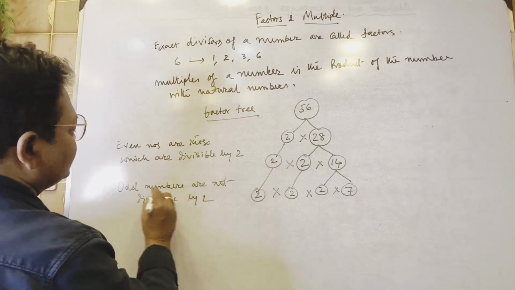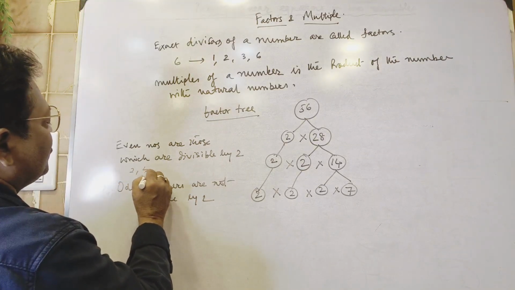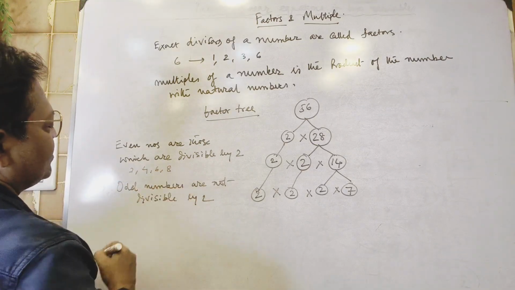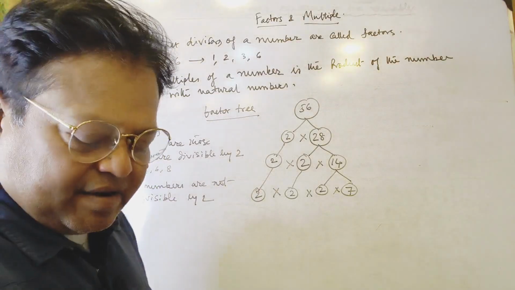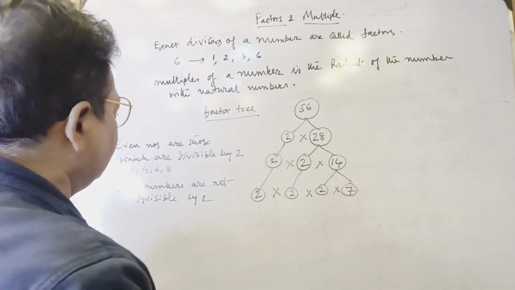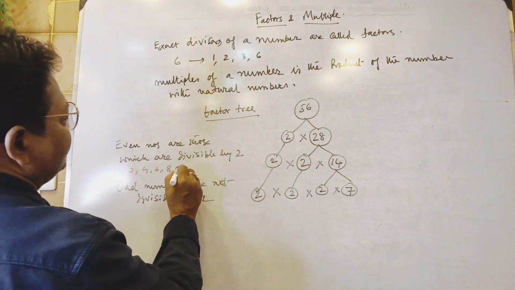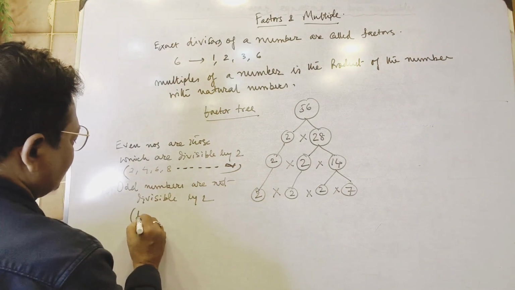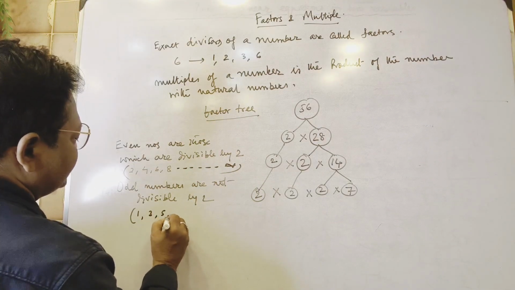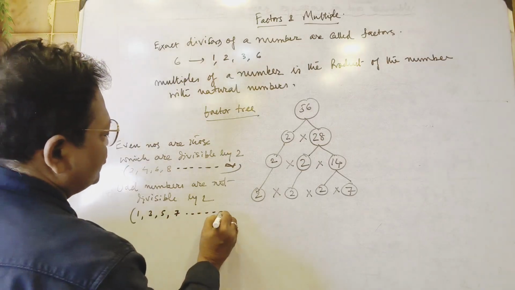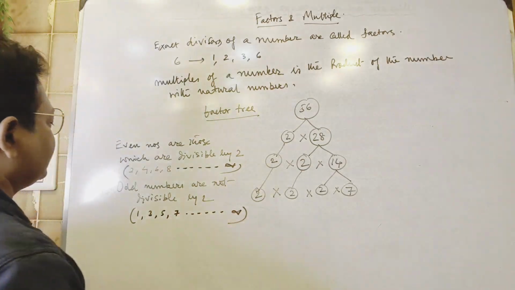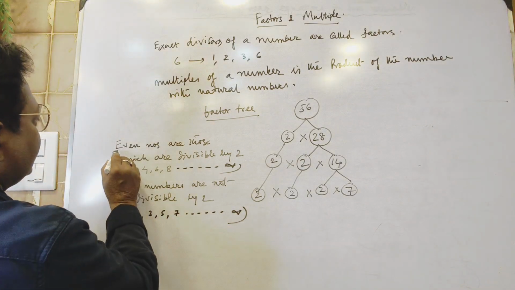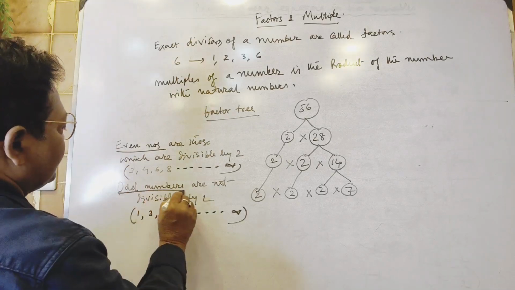As for example, 2, 4, 6, 8, etc. These numbers are even numbers, up to infinity. All these are infinite series. And here it is 1, 3, 5, 7, etc. up to infinity. These are infinite series. So these are even numbers, and these are odd numbers.